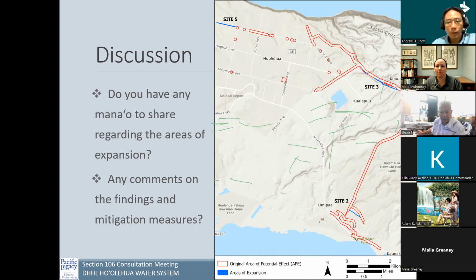So we'll have to look at a different methodology for renewable energy for that site, because the first proposal was to take DHHL totally off of HECO, and that was not going to work. So we do have to look at another alternative for that.